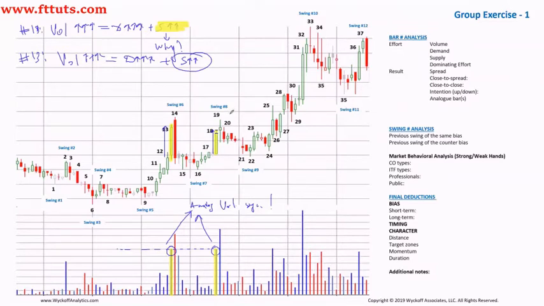Where do you think supply is increasing more? So this is kind of a tricky question. I would think supply is coming in more on bar 18. Why? Lower spread. Yes.